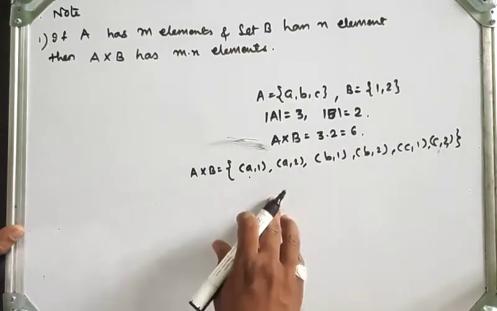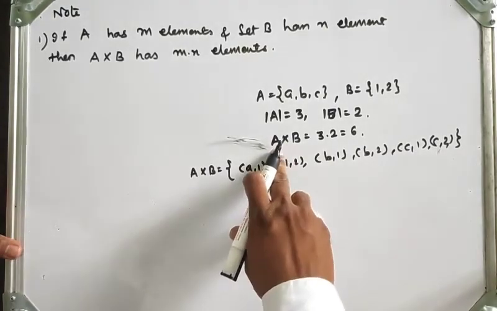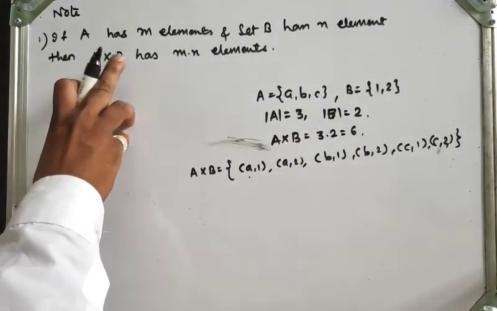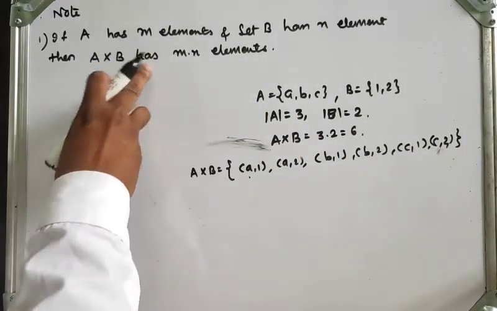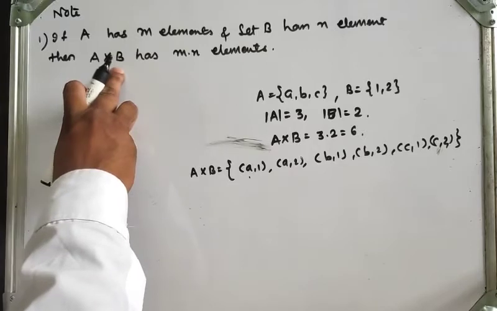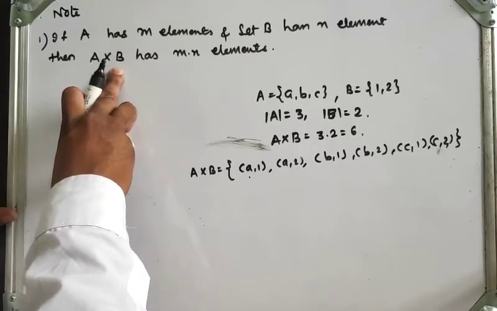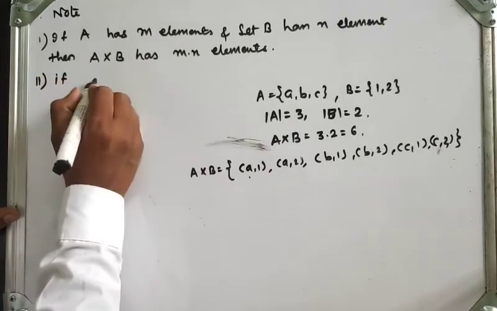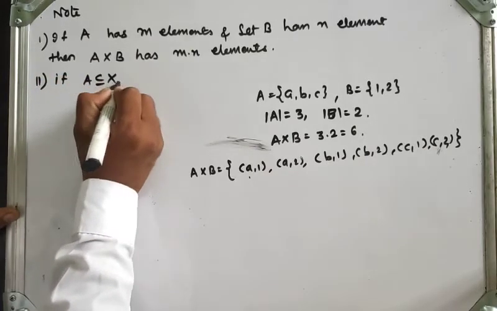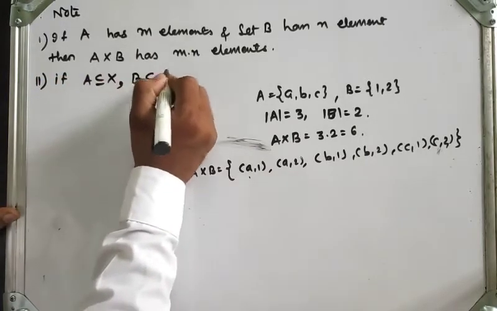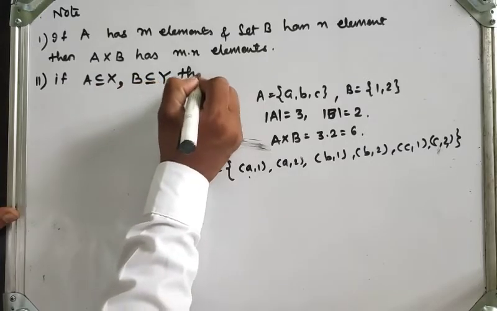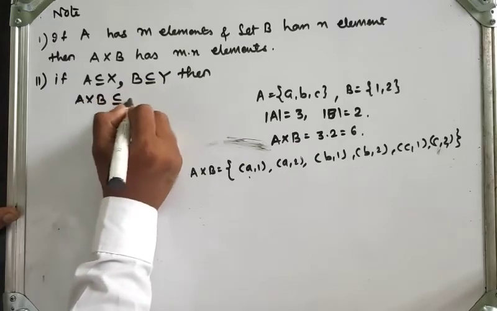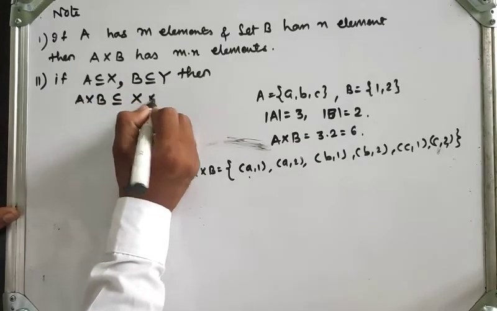So there are 6 elements. Hence, if set A has m elements and B has n elements, then A cross B has m into n elements. Second, if A is a subset of X and B is a subset of Y, then A cross B is a subset of X cross Y.